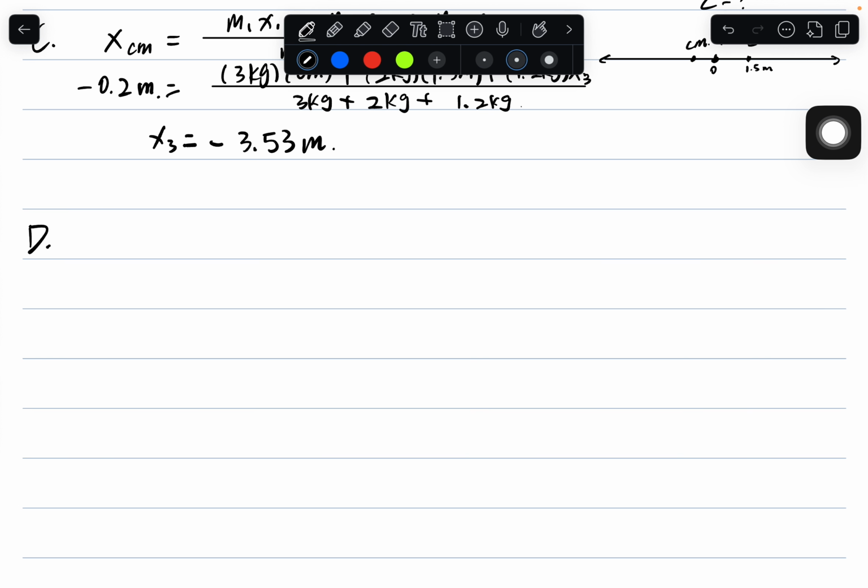Okay, part D. This one is also only on the x-axis. We have a glider A of 1.25 meters, that's A, and glider B, and in the center here is the spring.